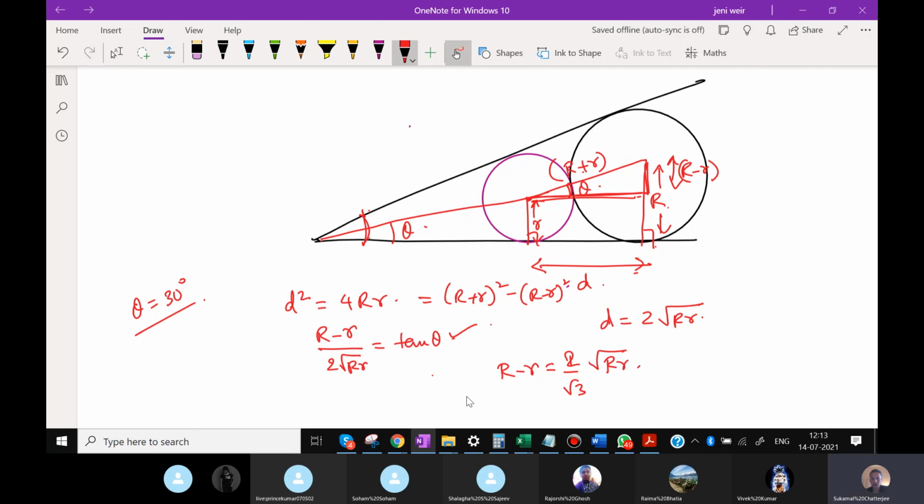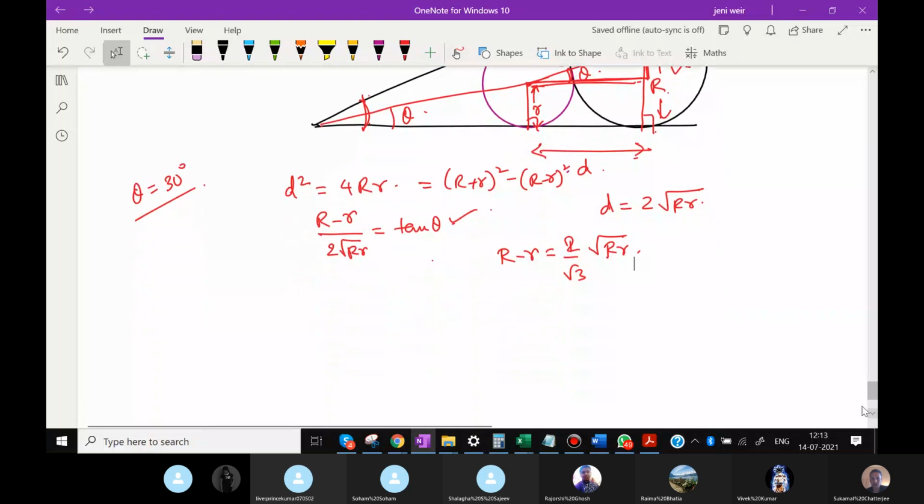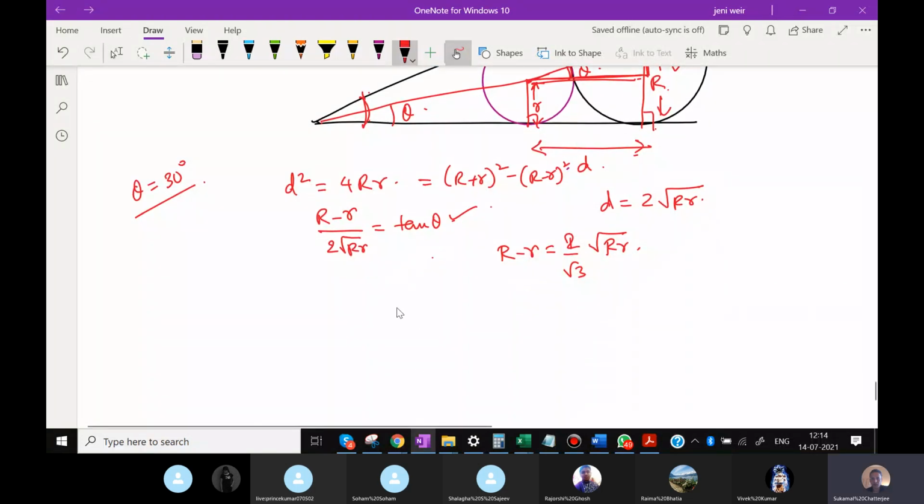Now you square both sides, basically we'll have to solve a quadratic here. You'll get R square plus r square minus 2Rr equals 4 by 3 Rr. So if suppose R is given, then the quadratic will come out in small r.